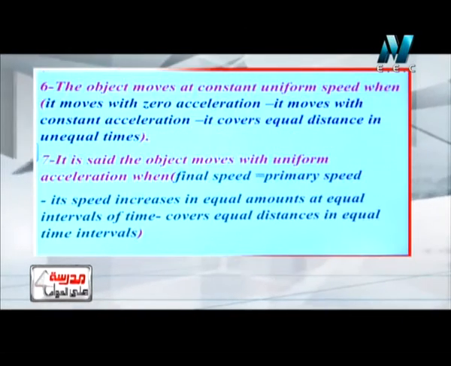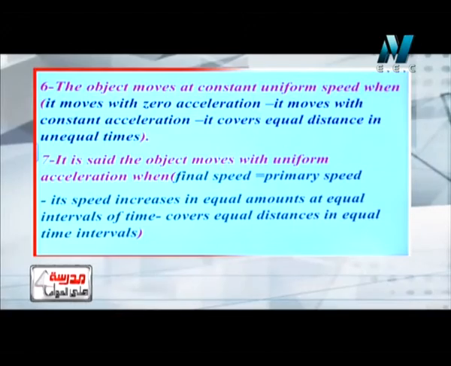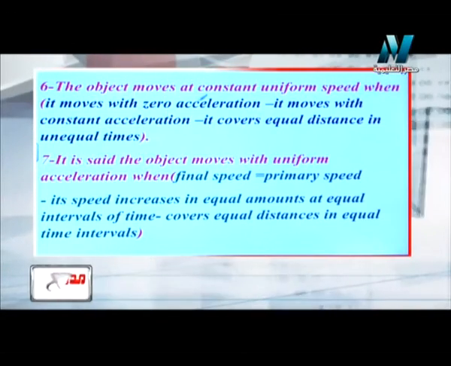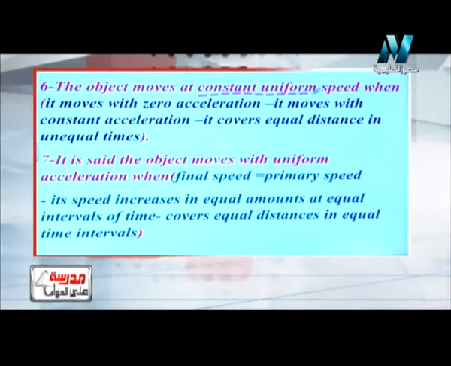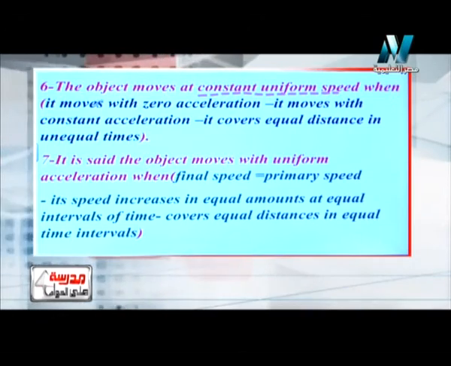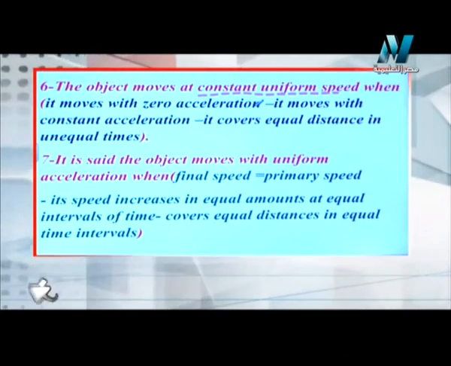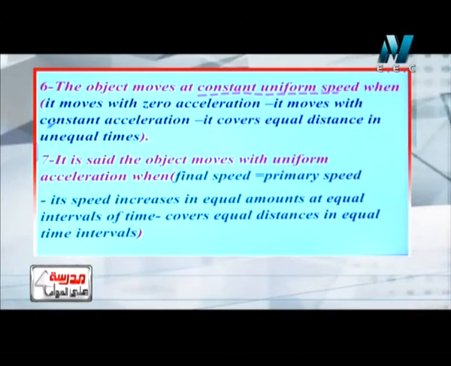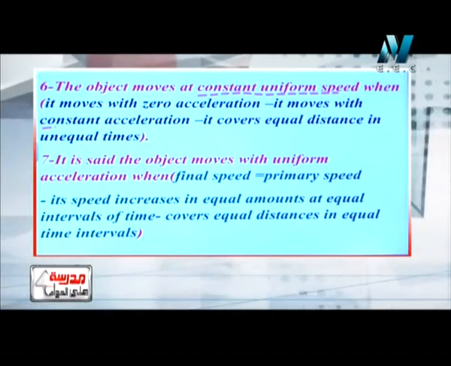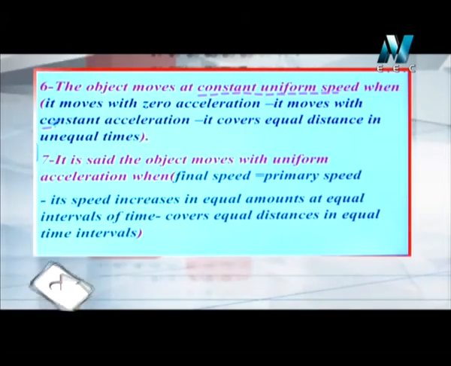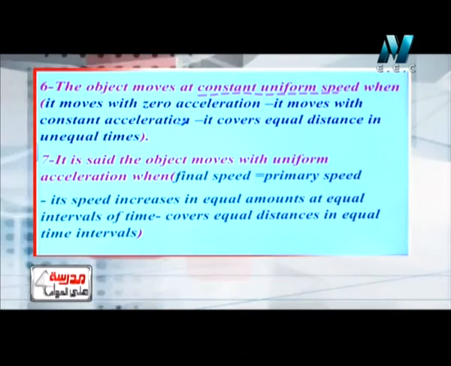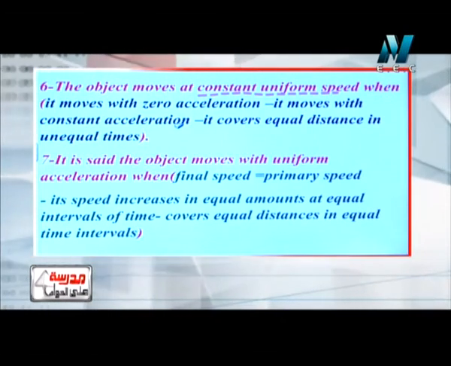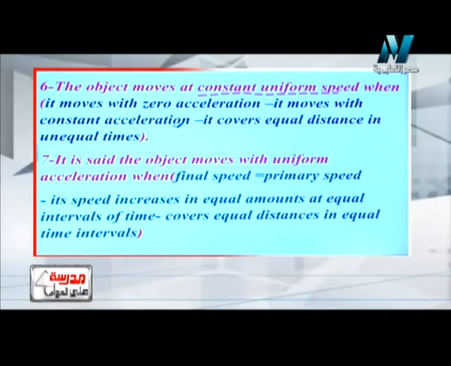Number 6, the object moves at constant uniform speed. When it moves with 0 acceleration. Okay, number 3, it covers equal distance in unequal times. So we talk about constant uniform speed.